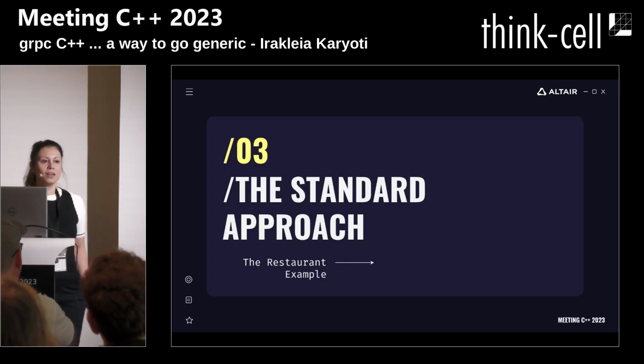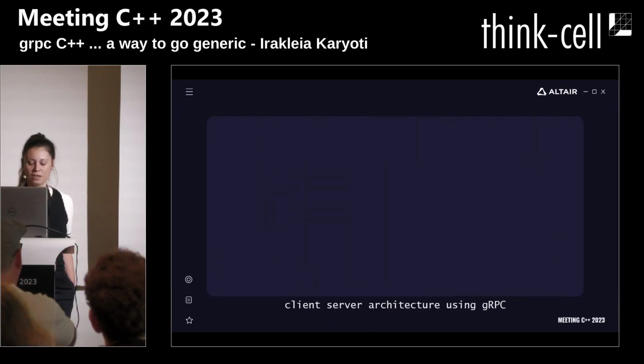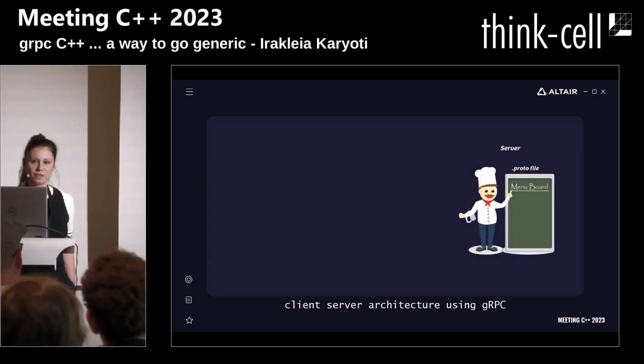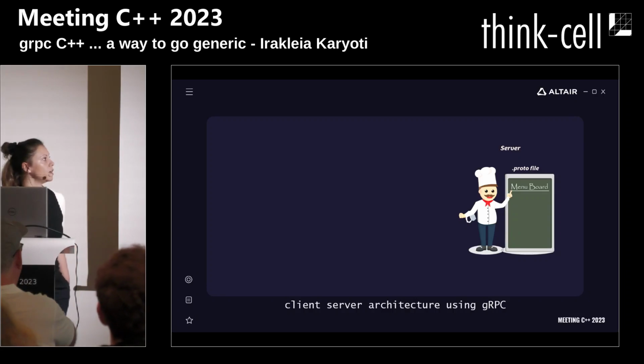Now, let's see a simple example of using gRPC the standard way, as I call it, using a simple client and server architecture. So on the right, we have the server.